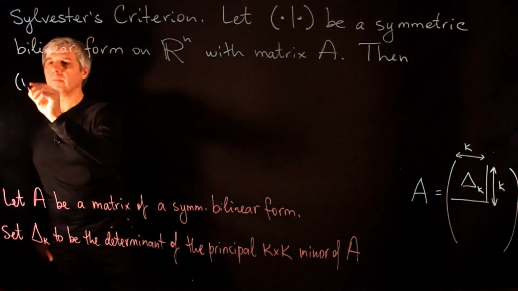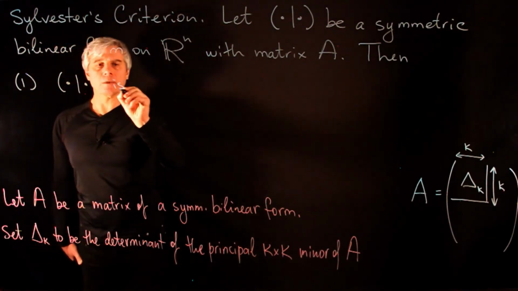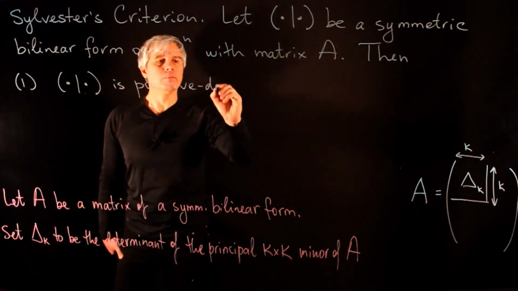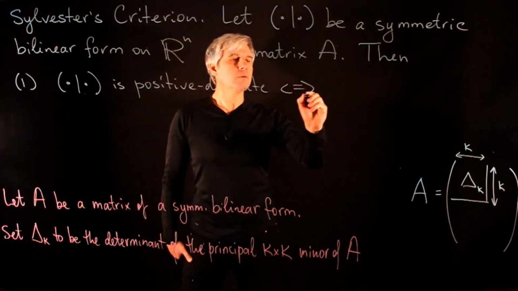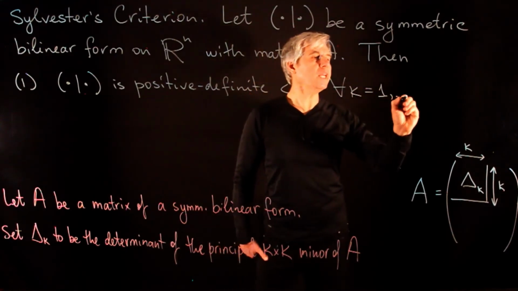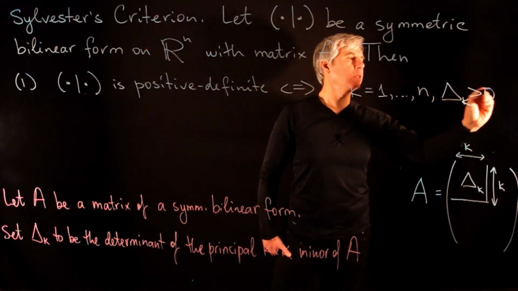First, this bilinear form is positive definite if and only if for every k from 1 to n, delta k is greater than 0.